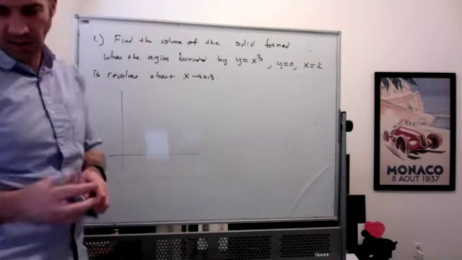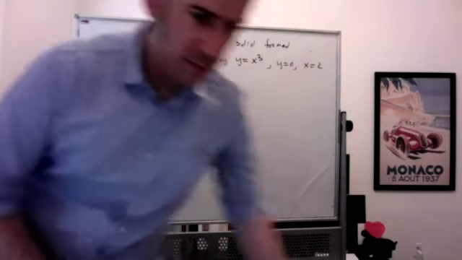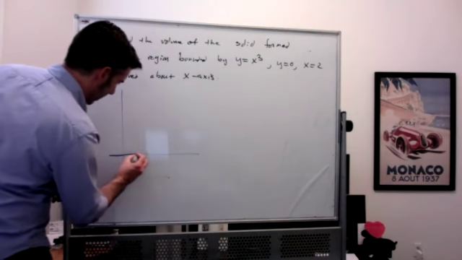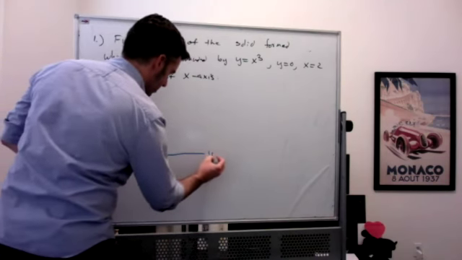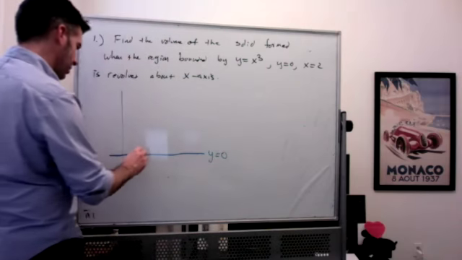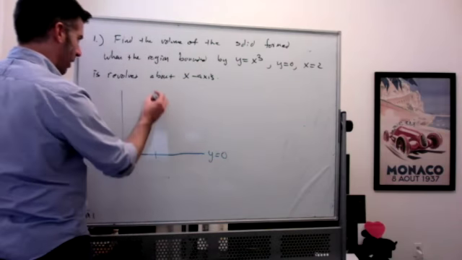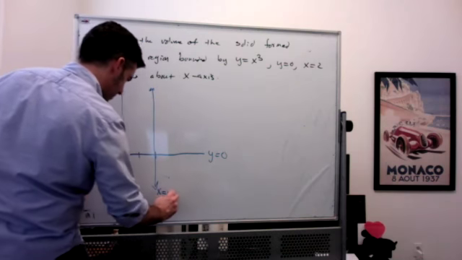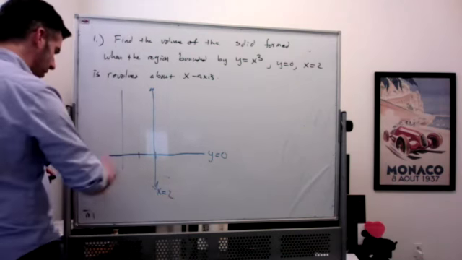Not the pen I was hoping for. So y equals 0 is the x-axis. X equals 2 is a vertical line at x equals 2. And y equals x cubed looks like this.